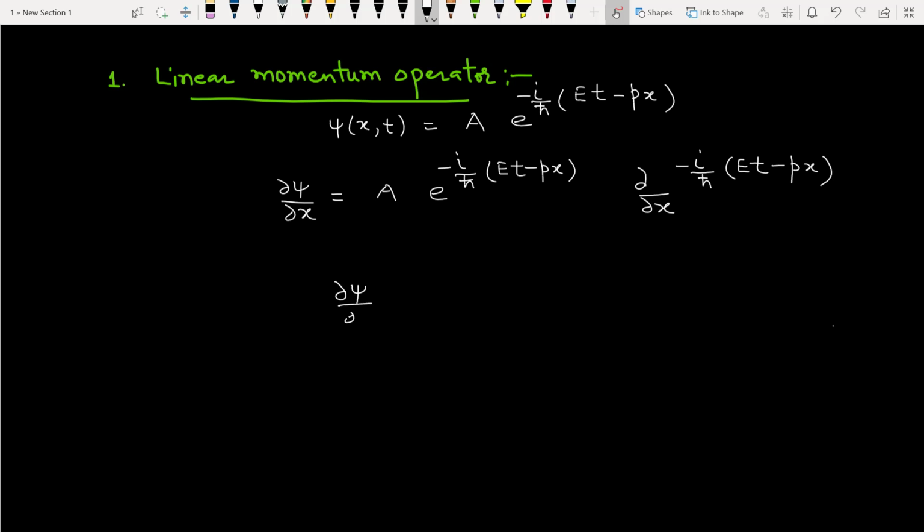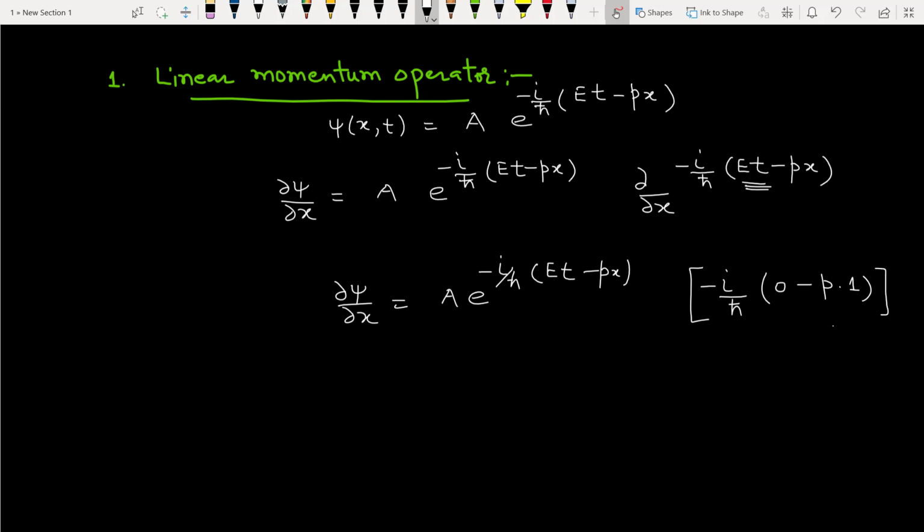So ∂ψ/∂x is A e raised to power minus iota by h cut (Et minus px). Minus iota by h cut, the constant, comes forward. The first term has no x in it, so it will be 0. p is constant, x raised to power 1, its derivative is 1.